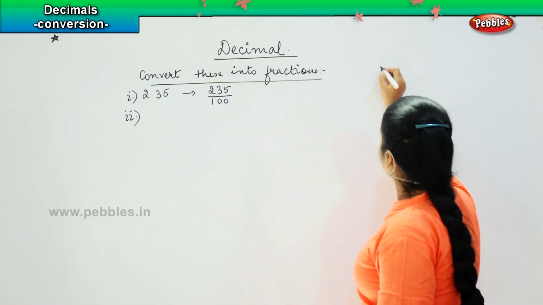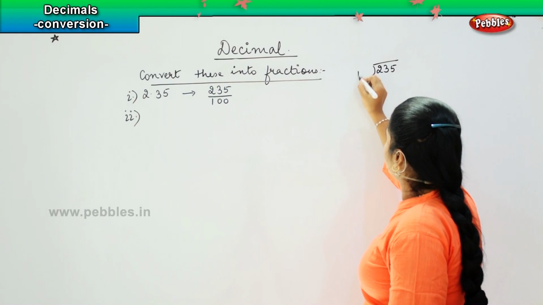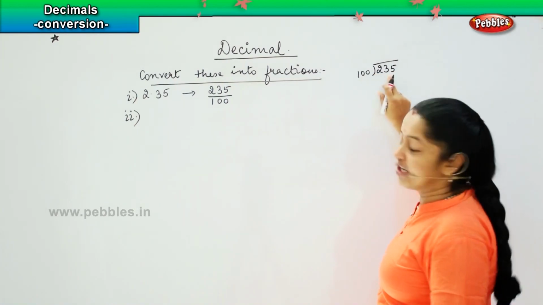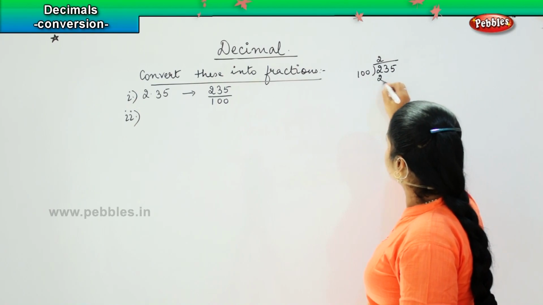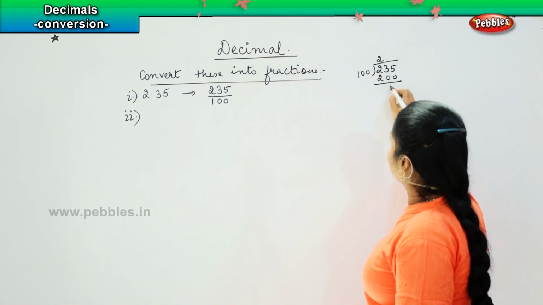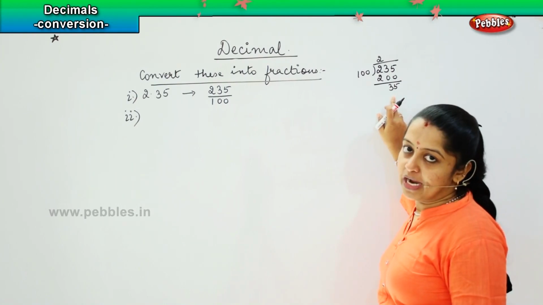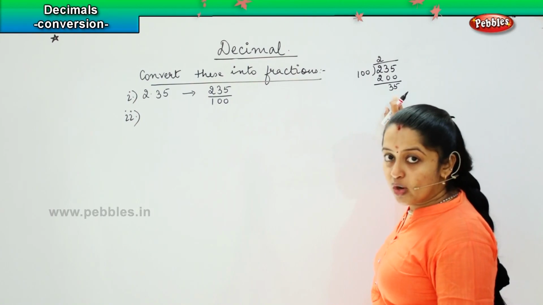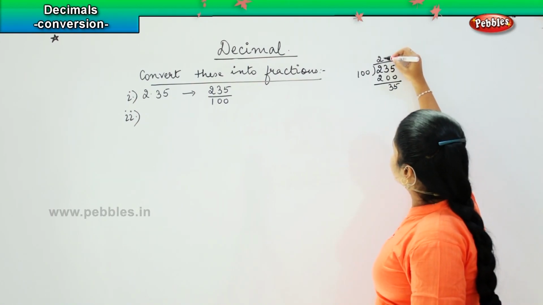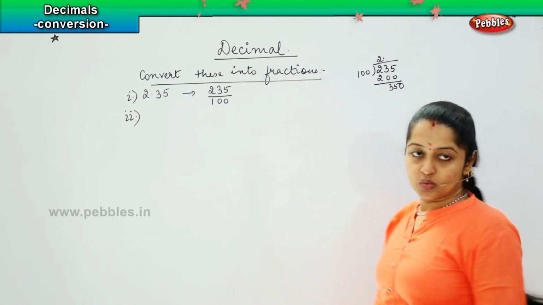Okay. Now, if I try to divide 235 by 100, so 100 into 2 is 200, and now the remainder is 35. Is it possible for me to divide 35 by 100? No, because the remainder is small, right? So now what I am going to do is put a decimal over here and add a 0 here.